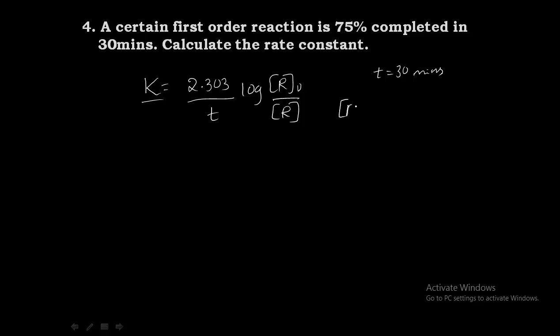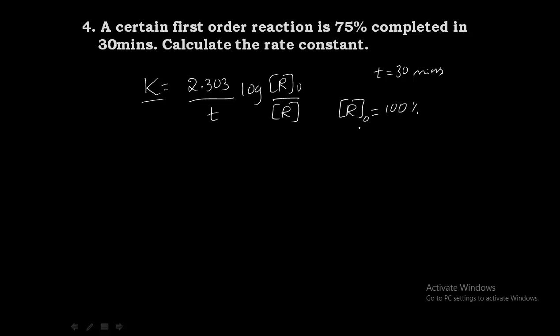So initial concentration of reactant means still the reaction has to take place. Means there will be no formation of product. When there will be no formation of product, only reactant is there and the concentration of that reactant is 100%.